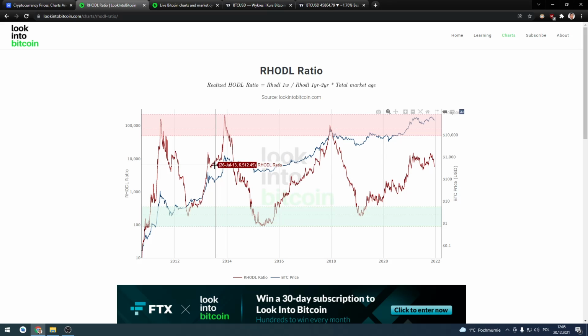And as you can see, this HODL ratio was climbing up, then declined, then was consolidating a bit, but in an uptrend, and then we had a huge spike, and then the top was there, and the indicator was right that after this top, we can only go down or consolidate, and it pretty much started a bear market that lasted for a pretty long time.